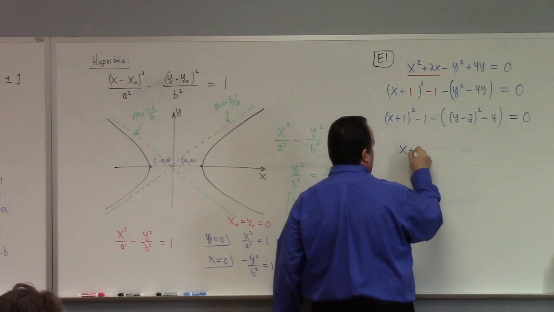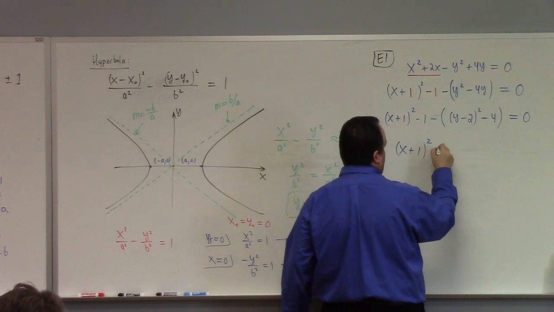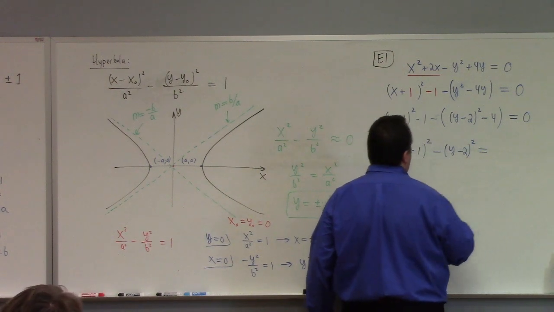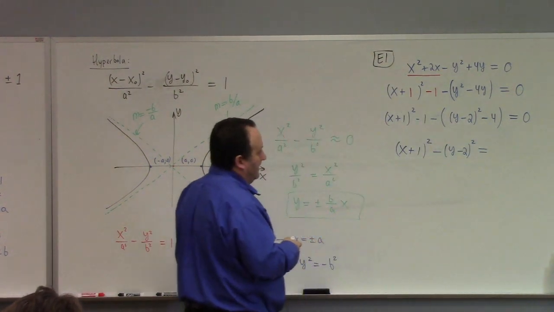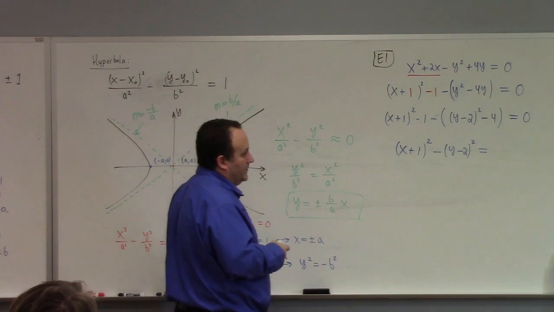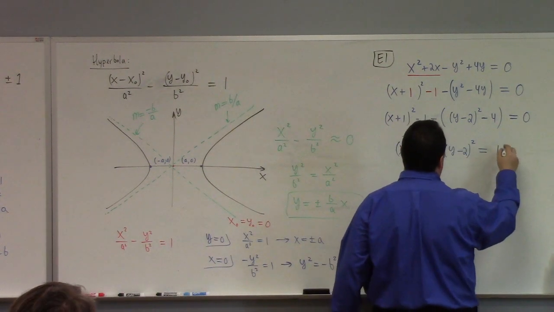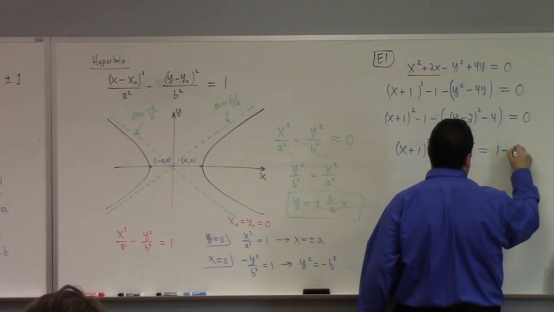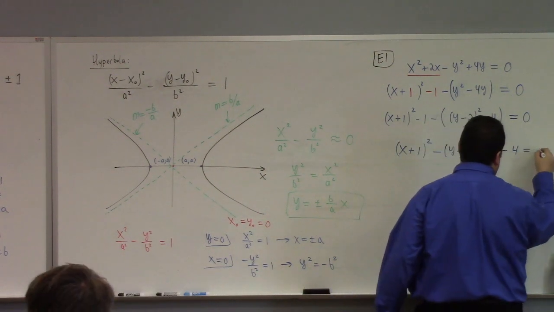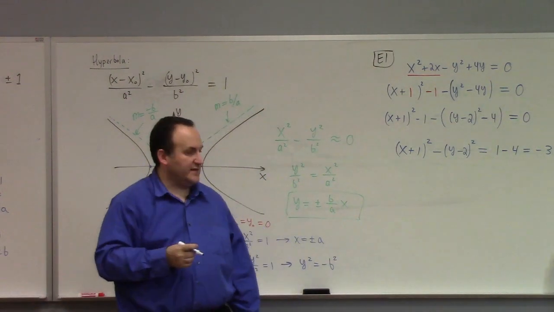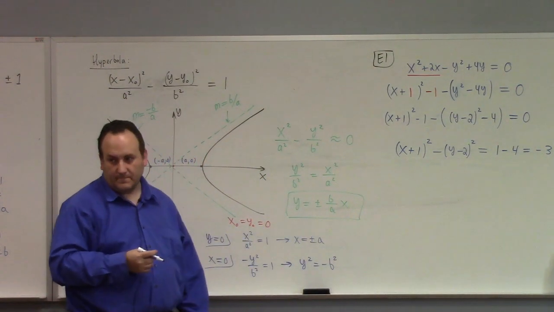We've got x plus 1 squared minus parentheses y minus 2 squared equals to what? 1. Right? Well, yeah, add the 1, but we got 1 and then minus 4, right? So that's actually a minus 3 over there.